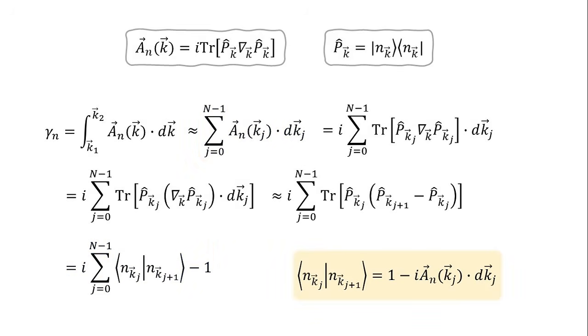Here, the expression tells us that the inner product between eigenstates at neighboring points is governed by the Berry connection. In other words, as we transport the eigenstate along the path in parameter space, the state must rotate according to the Berry connection. This rule for transporting quantum states is called parallel transport, and it underlies the geometric structure encoded in the Berry connection.